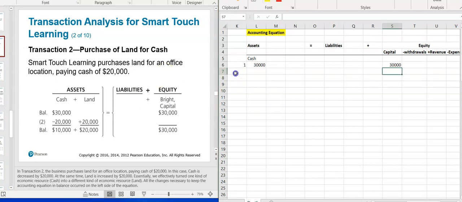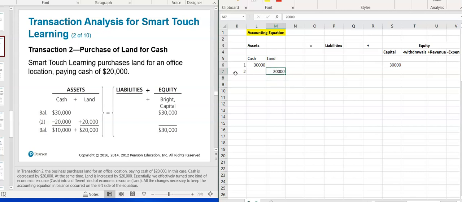All right, in the second transaction, Smart Touch Learning purchased land for an office location, paying $20,000 in cash. All right, so land is something that the business has and uses, so it is an asset. It's increasing, so it's going to go up by $20,000.